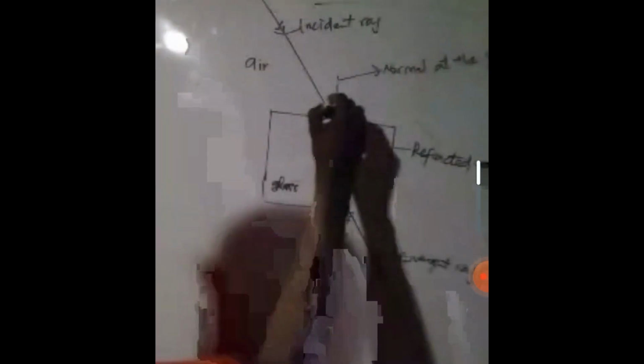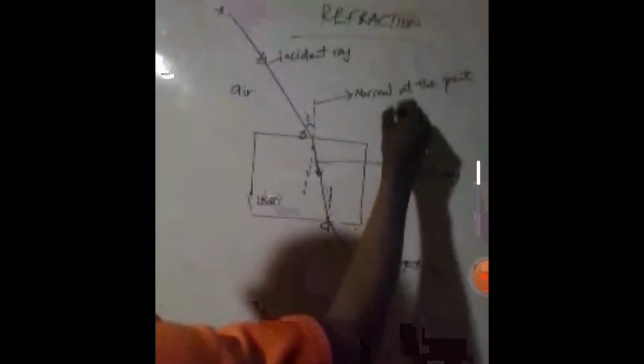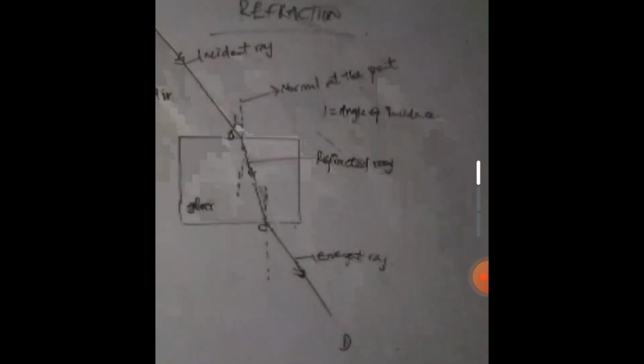The angle that the incident ray makes with the normal at the point is known as the angle of incidence.